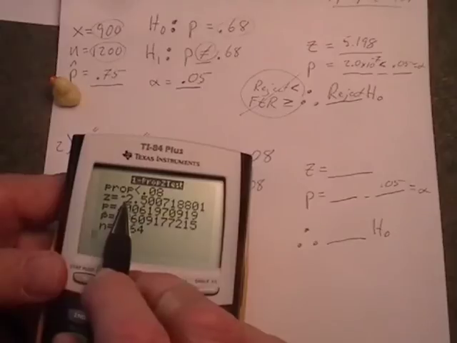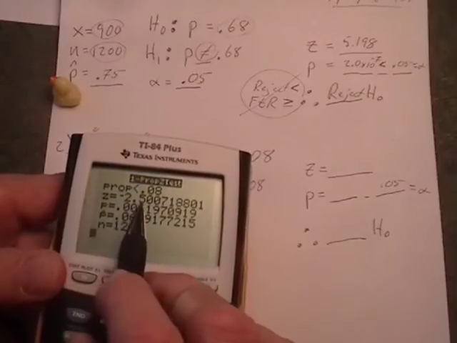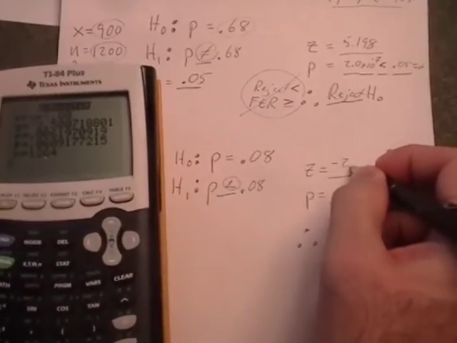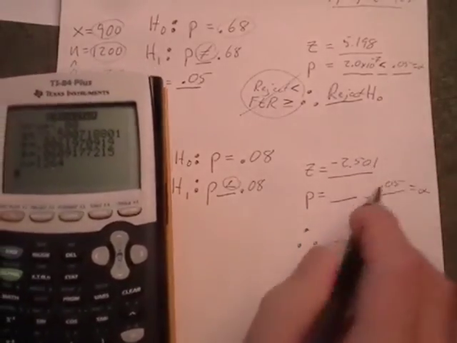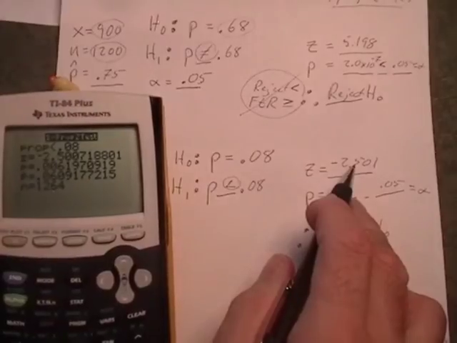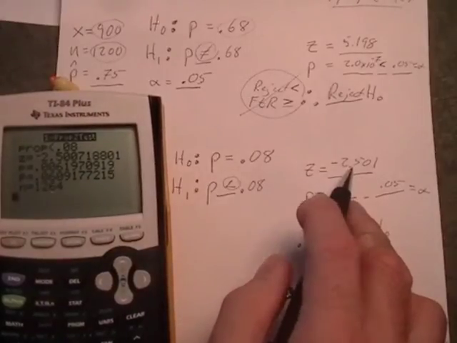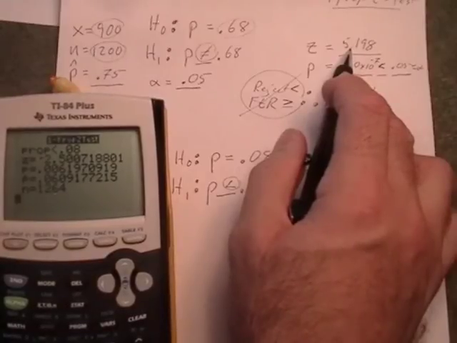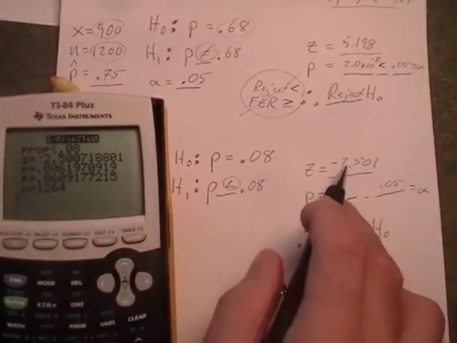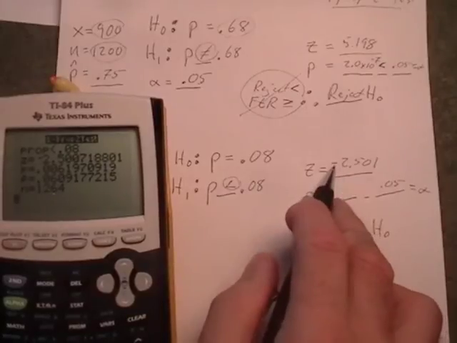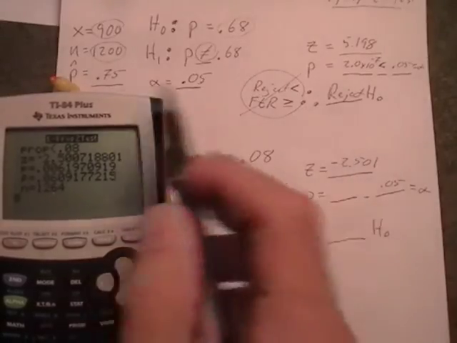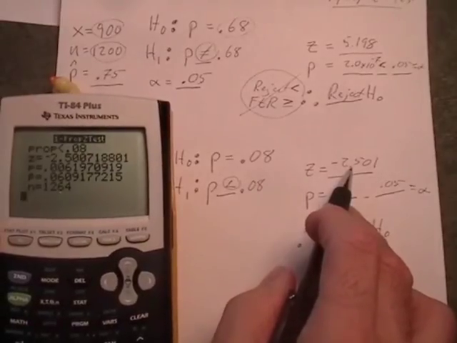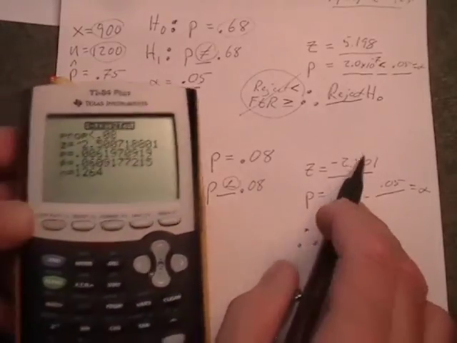My z-score was negative 2.501. Now that's more reasonable. Remember that 95% of things happen within 2 z-scores. 5 z-scores is very rare. 2.5 z-scores away, in this case the negative just means 2.5 below the mean. But 2.5 z-scores is something that happens, but it's not that likely.